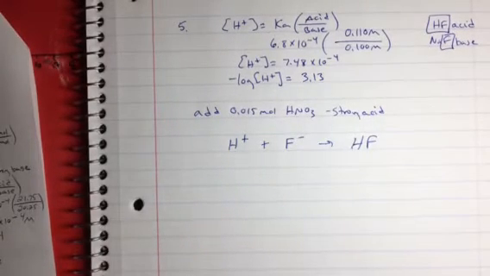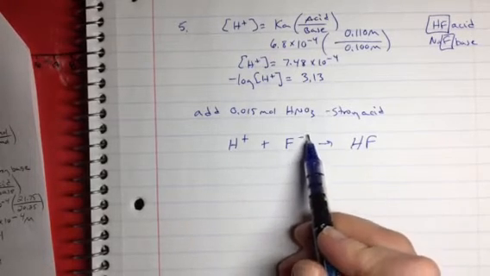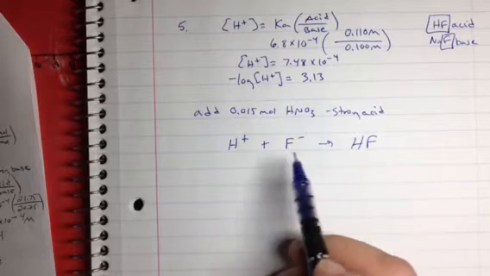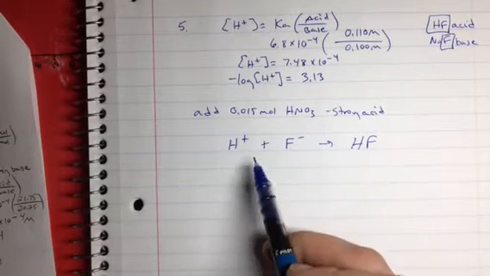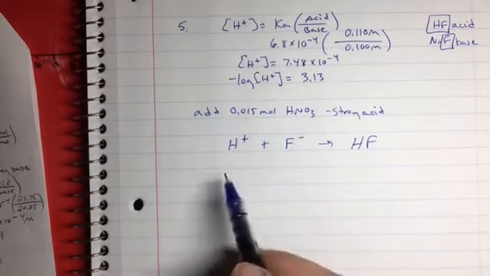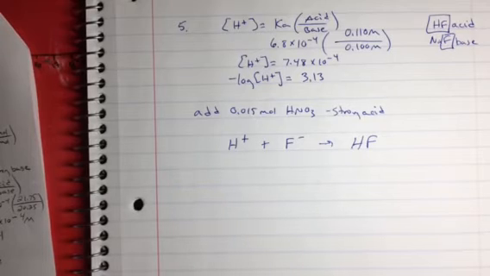What we do need to remember with this problem is it is a buffer. So there is going to be some initial F minus and HF in the sample before you add the H plus. So we have to consider everything that's there. Because you're adding just moles of HNO3, you could deal in moles, but because they give you the buffer solution in molarity and milliliters, it might make more sense to use millimoles.